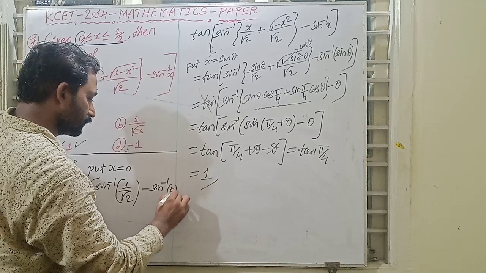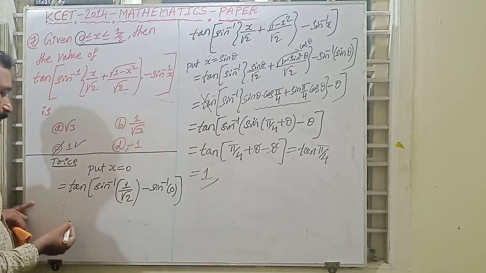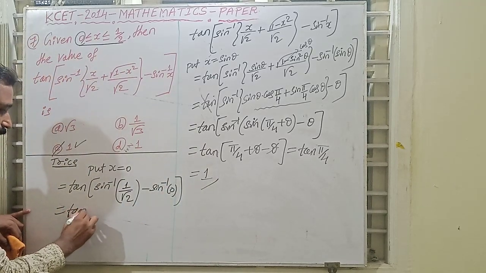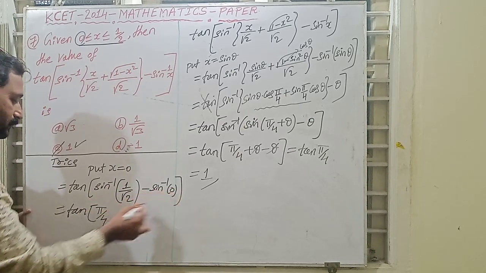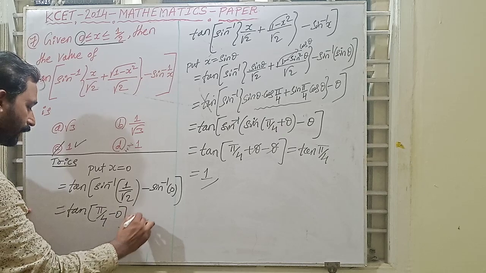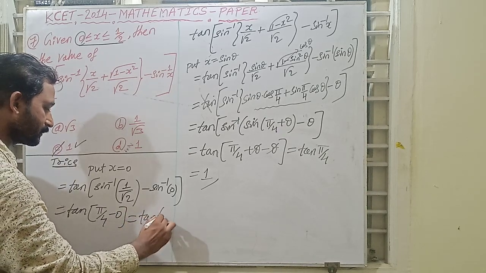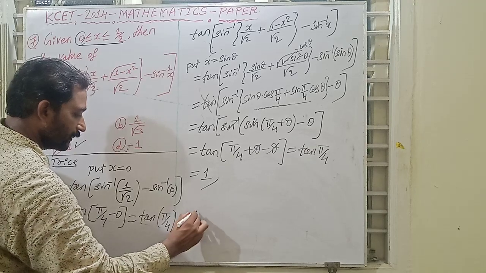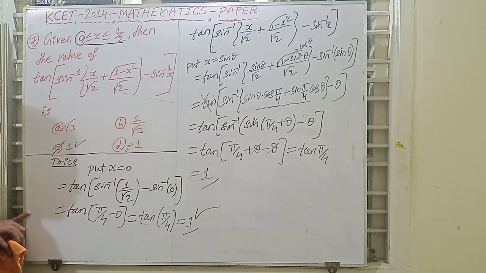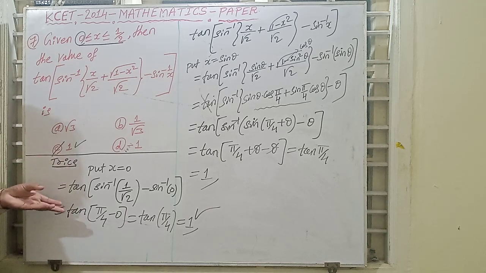Sin inverse 0 is 0. Tan of sin inverse of 1 by root 2 is nothing but pi by 4. So tan of pi by 4 minus 0 is nothing but tan pi by 4, its value becomes 1. So very easy method, very tricky method. You can use this method to find the solution easily and shortly. So that's all. Take down.